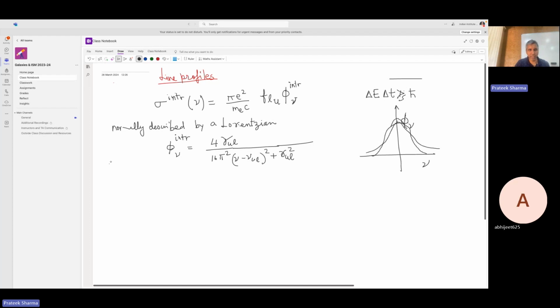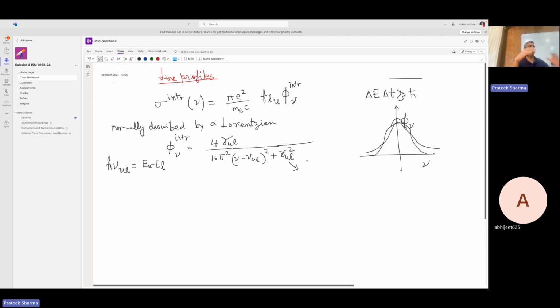And of course, h times nu_UL equals E_U minus E_L. Gamma has a dimension of frequency. Where do you obtain a Lorentzian?